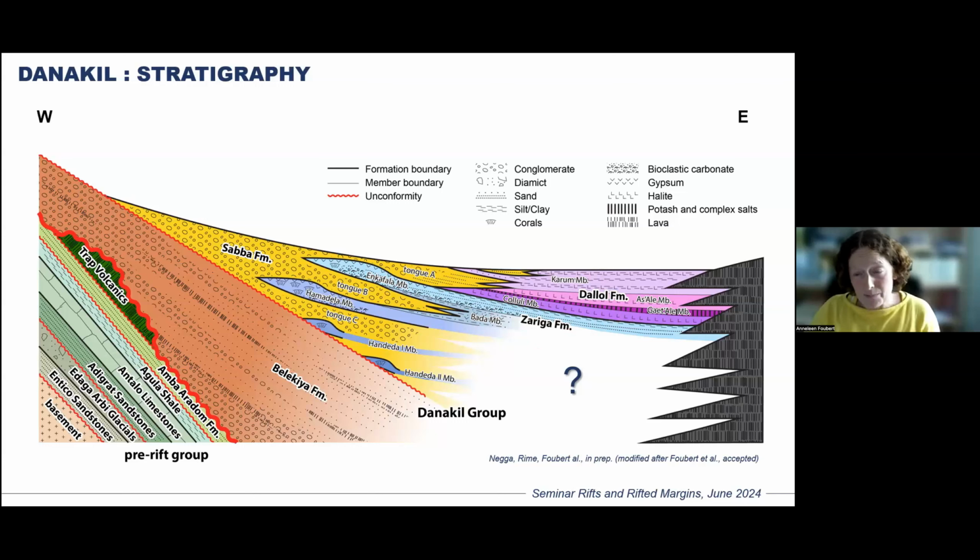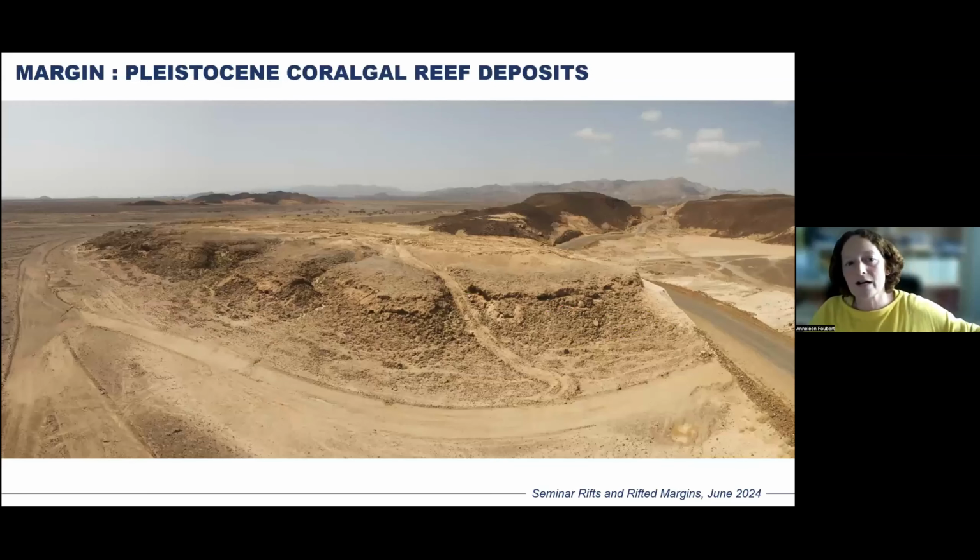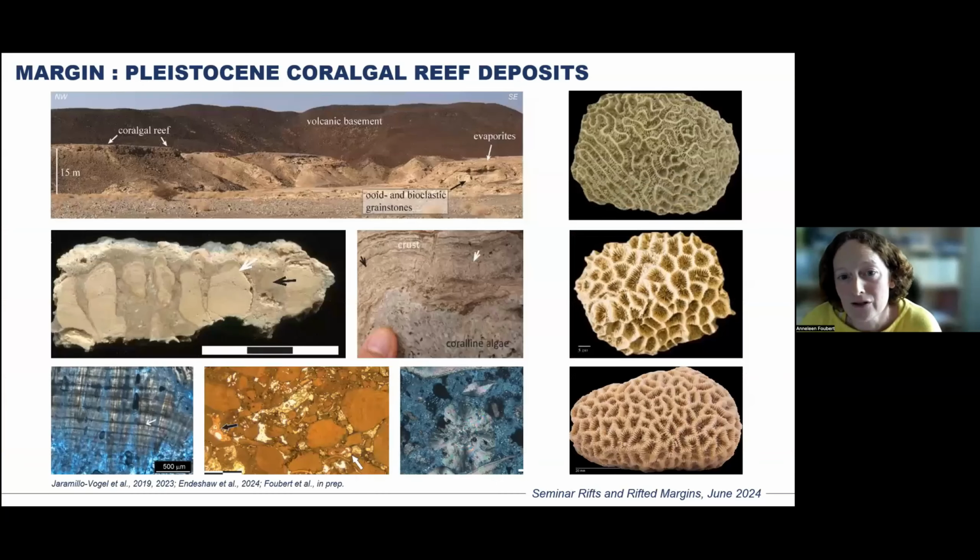This formation is mainly exposed at the basin margins. And when you walk across the basin, you see all these whitish sediments plastered against the margins. When you look in more detail at these whitish sediments, they are built up by scleractinians, so by corals, which build up huge coral reefs.